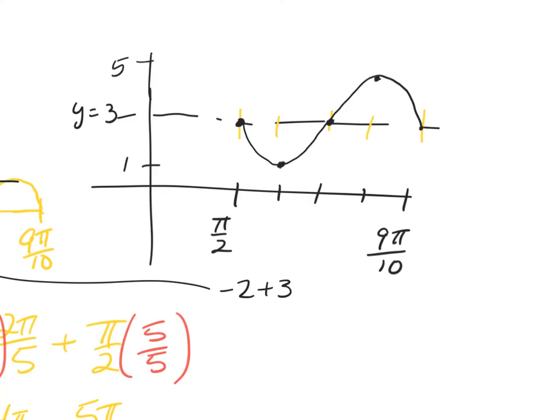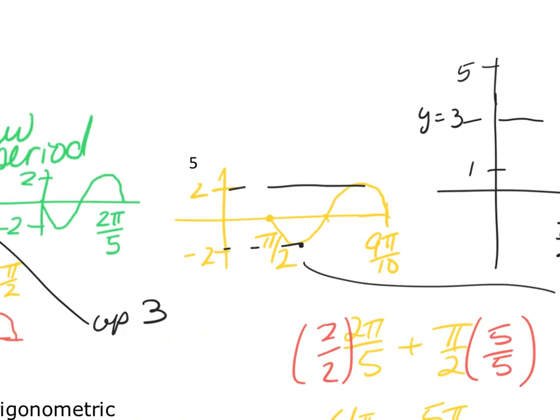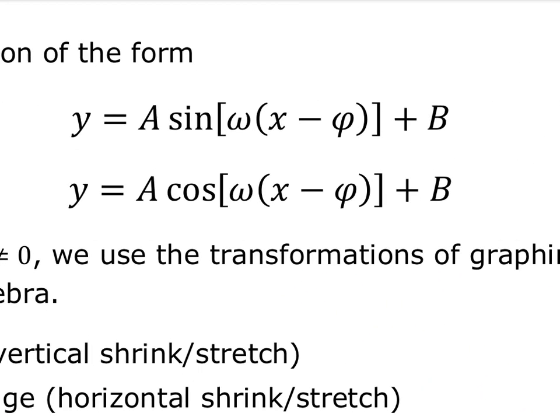Yes? Do you always have to incorporate your vertical shift last? No, so you can do your translations in any order you want, but the best order, if we go back to here, is to do this one first.